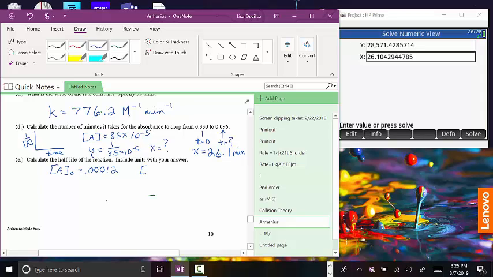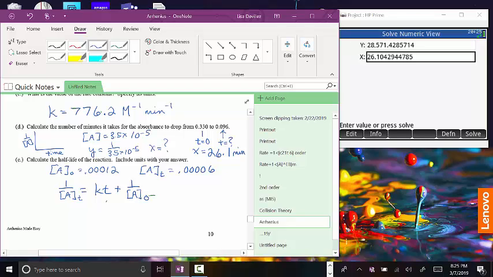So now since I'm doing my half-life, right, the concentration at the half-life is going to be half. So 0.00006.